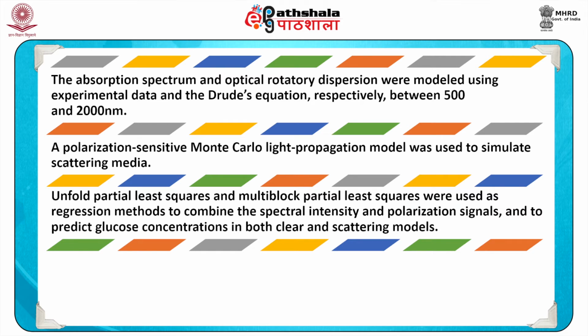Unfold partial least squares and multi-block partial least squares were used as regression methods to combine the spectral intensity and polarization signals and to predict glucose concentrations in both clear and scattering models.